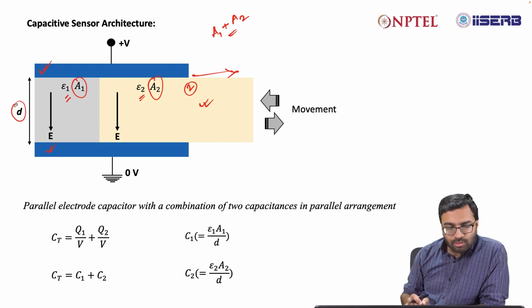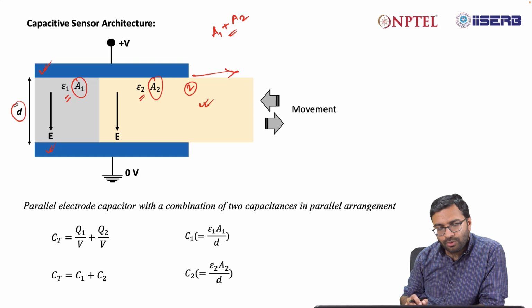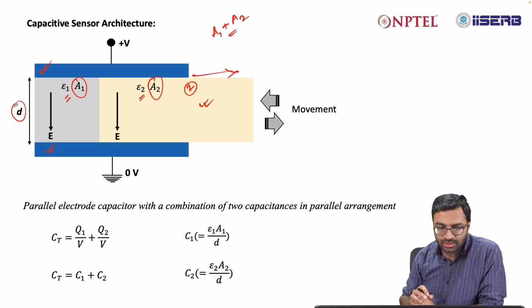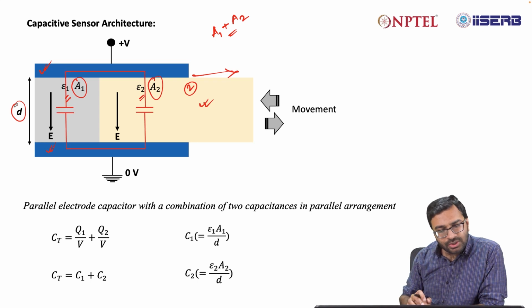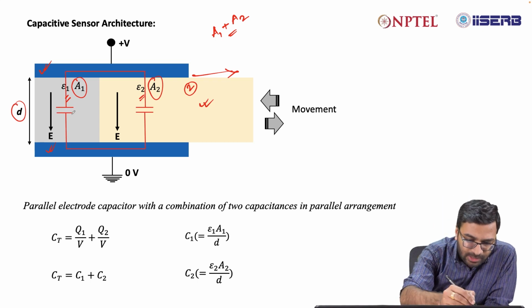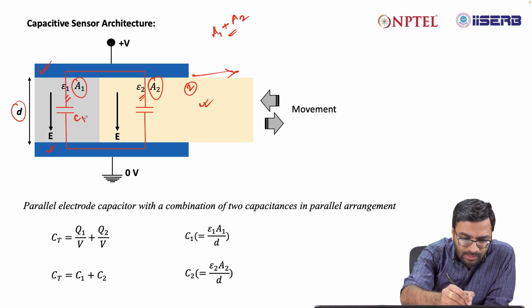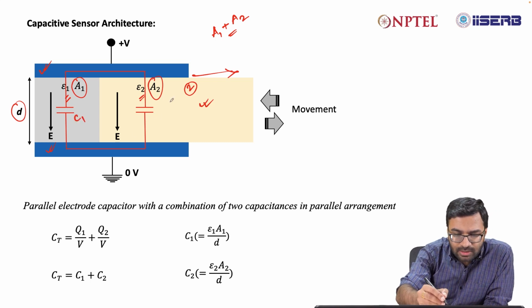Now in such a situation, if you try to simplify this capacitor structure, you can assume that this is a combination of two different capacitors. On the left side you have a capacitor, say C1, and on the right side you have a different capacitor, C2.